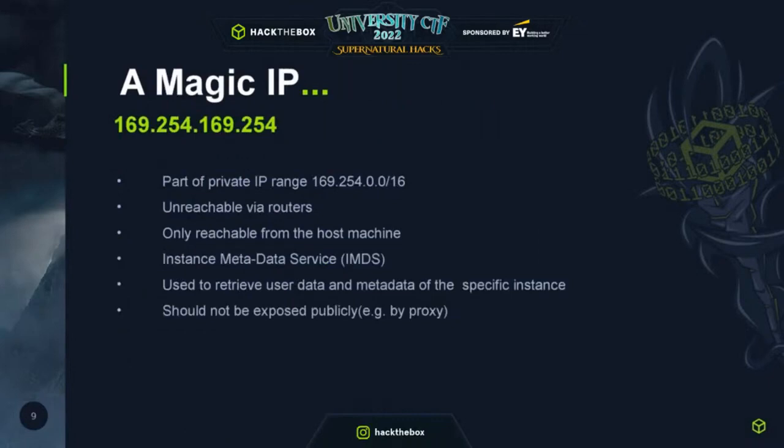Also, there is a magic IP. That IP is 169.254.169.254. It is part of a private IP range. I'm sure most of you are familiar with private IP ranges like 10.0.0.0, like most HTTP machines. They cannot be used by the internet.